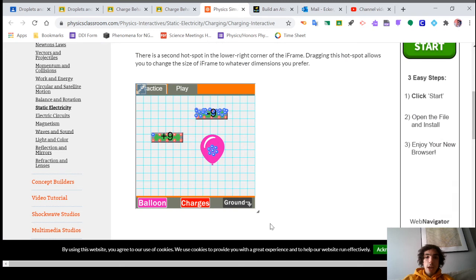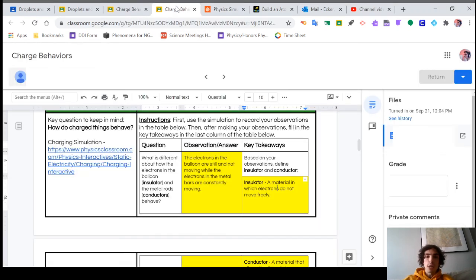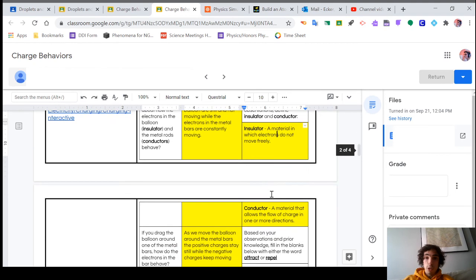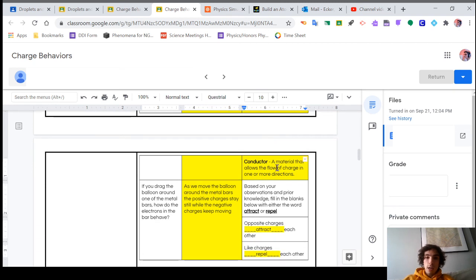So that all is to say that we developed in class those two definitions for our insulators and our conductors, and I think this person's work sums that up really well. An insulator is some material in which electrons do not move freely. And a conductor is one in which materials do allow that really free flow of charge in one or more directions.